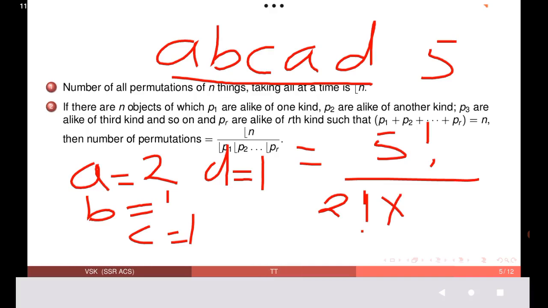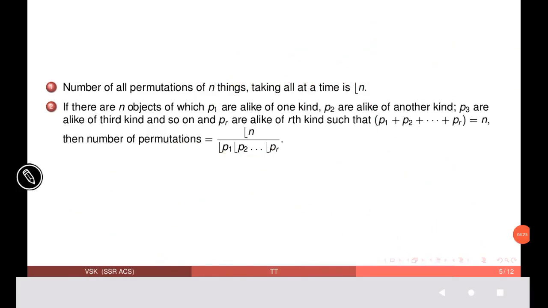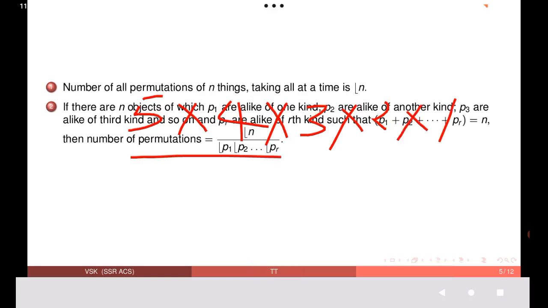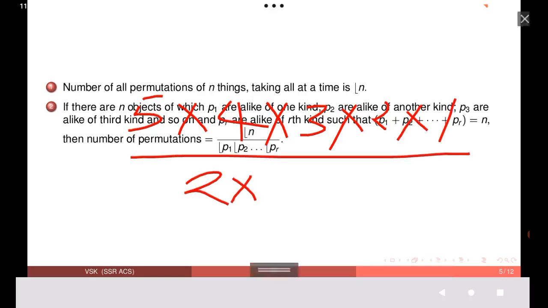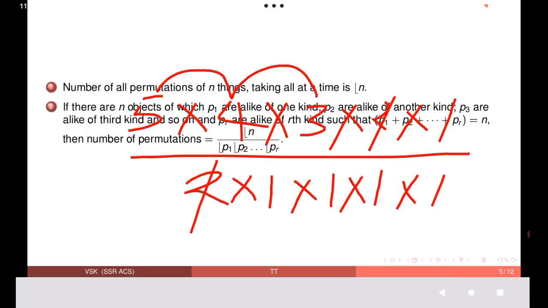So factorial 2 into factorial 1 into factorial 1 into factorial 1. So it will be simply factorial 5, that means 5 into 4 into 3 into 2 into 1, divided by factorial 2, that is 2 into 1, and all our other values are 1, 1, 1. So 2 and 2 cancel, and you have to multiply 5 into 4 into 3. So the total will be 60. So this will be the total arrangements in this case.